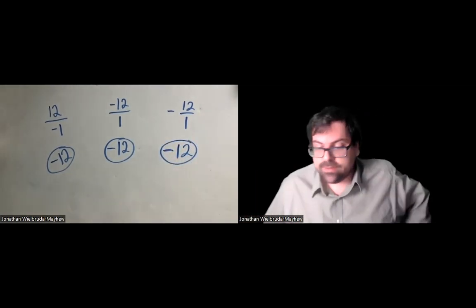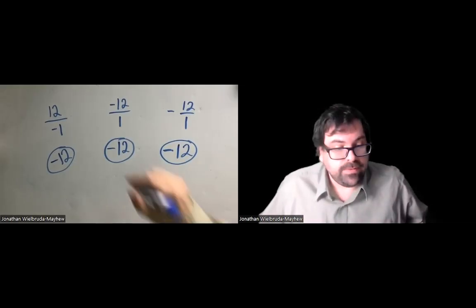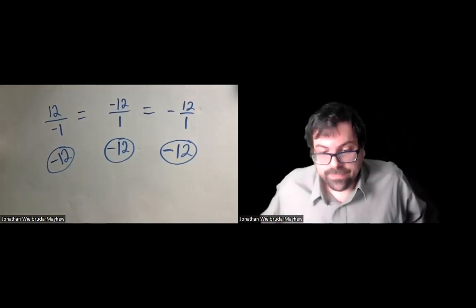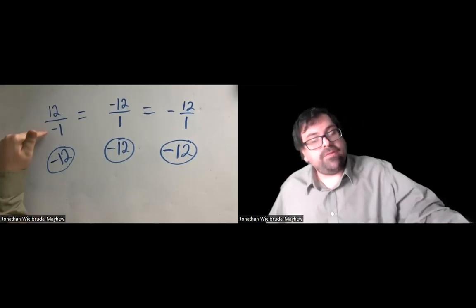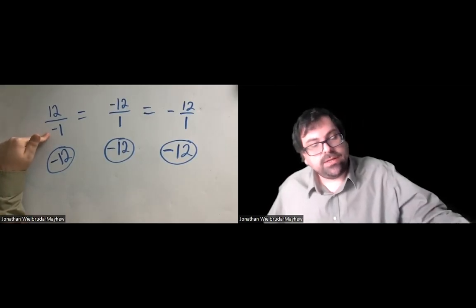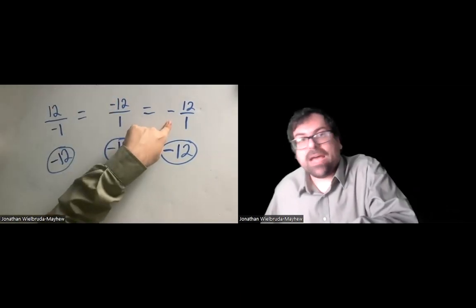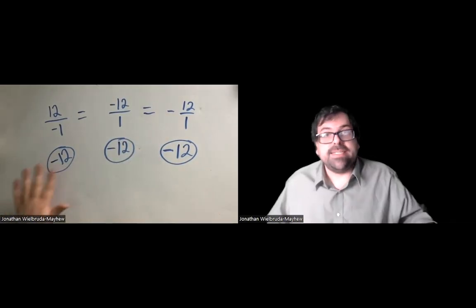Each of these has the answer of -12, which means each of these are equal. So when we have one negative sign, it doesn't matter if it's on the bottom of the fraction, if it's on the top of the fraction, or if it's outside of the fraction. It all means the same thing.